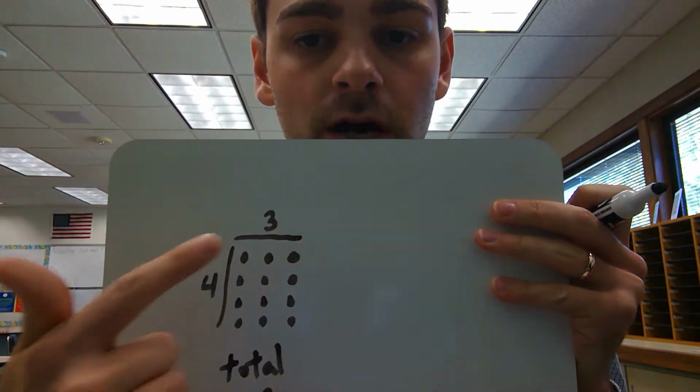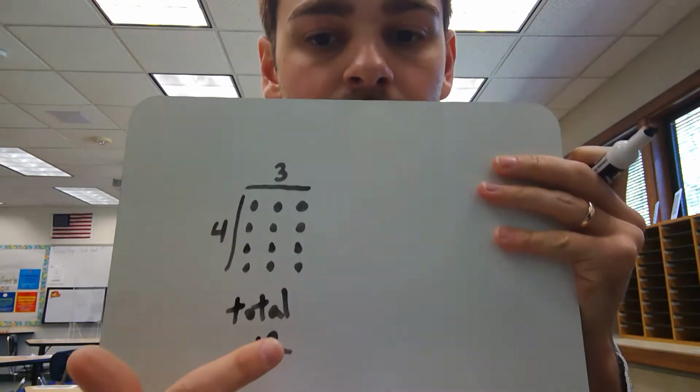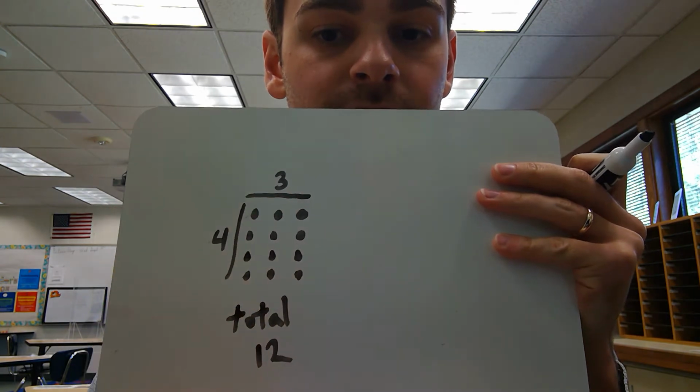So as you can see, I had 3 across and 4 down for a total, let me write this down real quick, total of 12. So 3 across, 4 down, and when you multiply that all, you get 12.